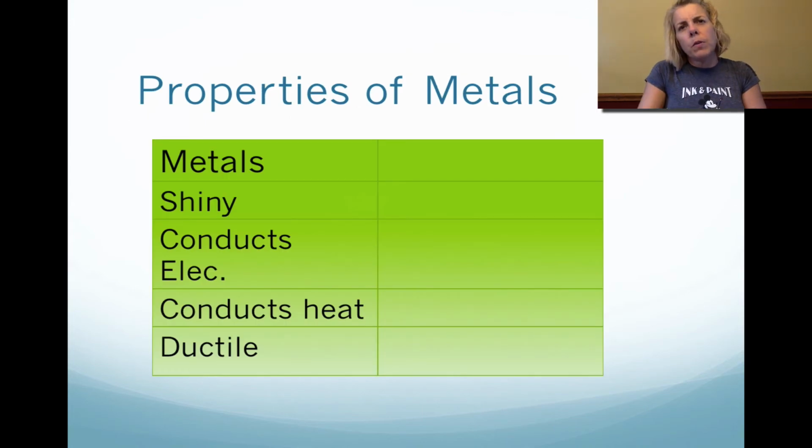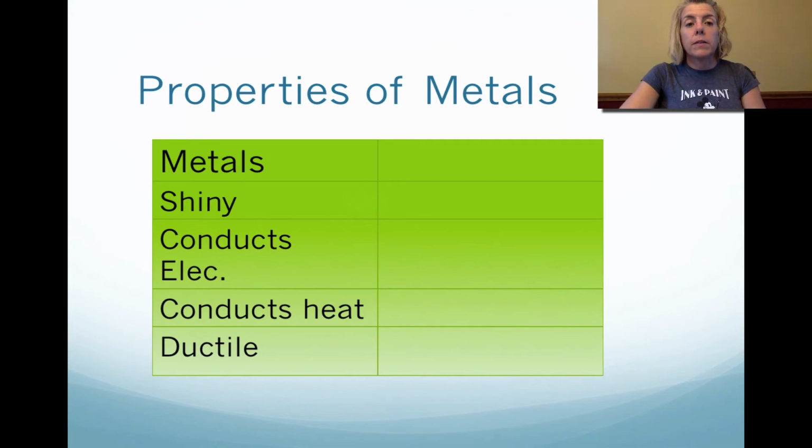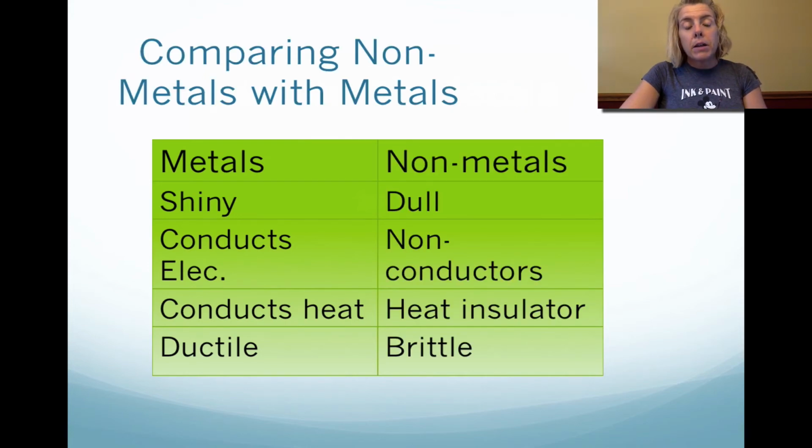Now this is kind of a review for you. You know that metals are shiny, they conduct electricity, they conduct heat, they're ductile. You can pull them into a wire. Okay, that's what ductile means. Non-metals are much different. They tend to be dull, so they don't have a nice shiny surface.